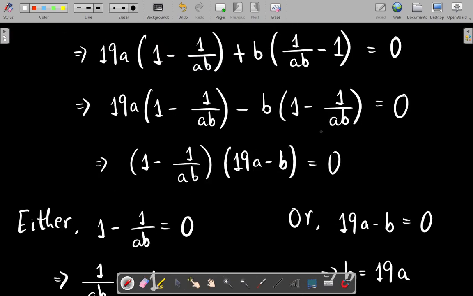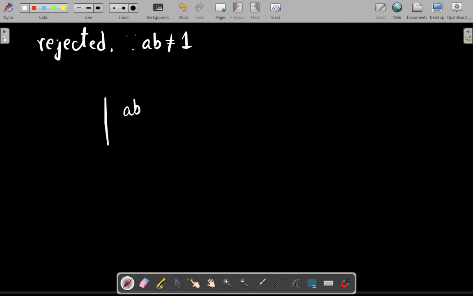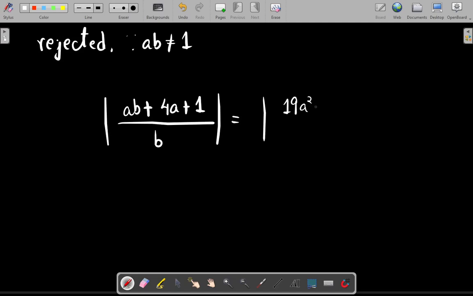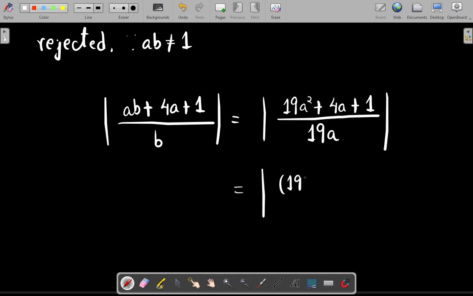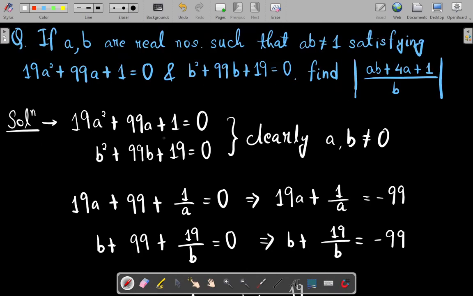We are required to find (ab + 4a + 1)/b. Since b is 19a, the first term ab is 19a², so this becomes (19a² + 4a + 1)/19a. From the original first equation, 19a² + 1 = -99a.